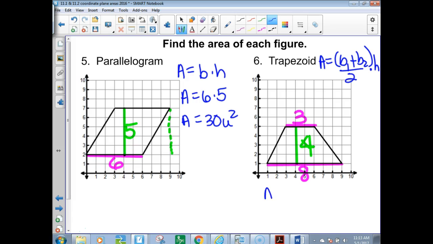All right, so the area is 3 plus 8. Divide that by 2 and then multiply by 4. Yeah, 11 divided by 2 is going to be 5.5. You multiply by 4 and you're going to get 22.